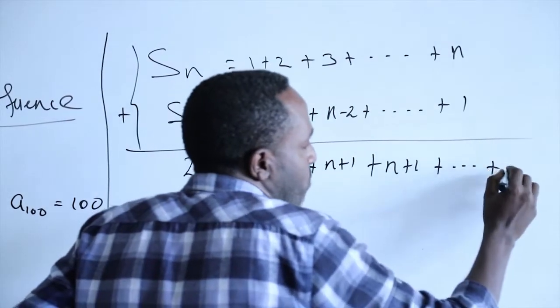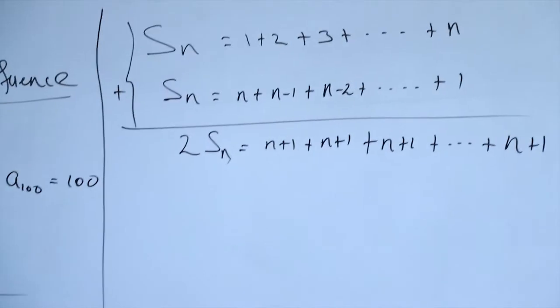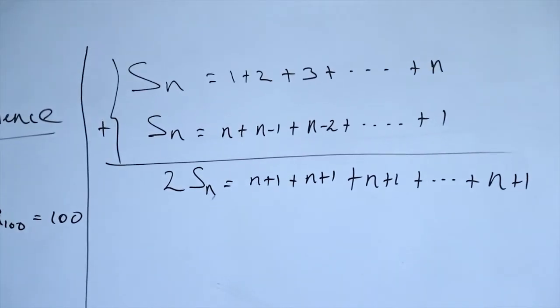አሁንም n minus 2 plus 3 ማለትም n plus 1 ይሆናል plus plus as the last which is n plus 1. So from this, how many n plus 1? We have n times of n plus 1.